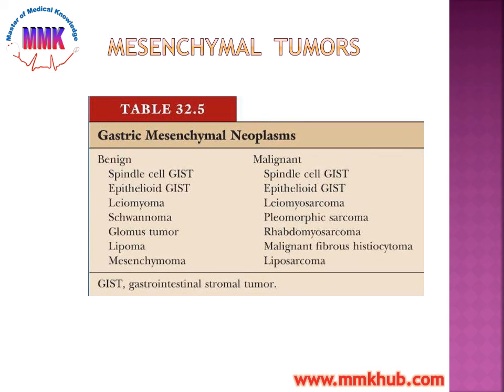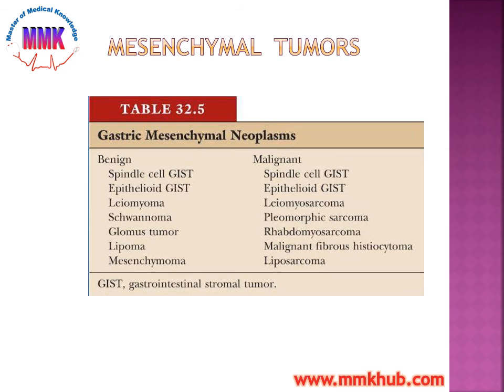This table summarizes the gastric mesenchymal neoplasms, benign and malignant, benign on the left side and malignant on the right side. Benign include the spindle cell GIST and epithelioid GIST. These are the two types of GIST, and there are malignant spindle cell GIST and malignant epithelioid GIST.